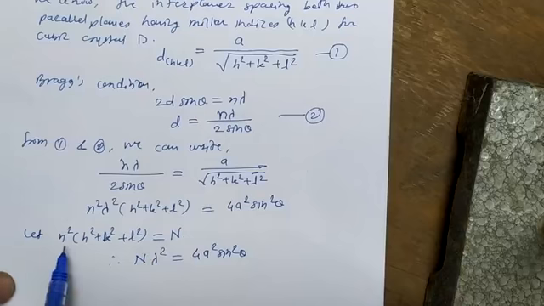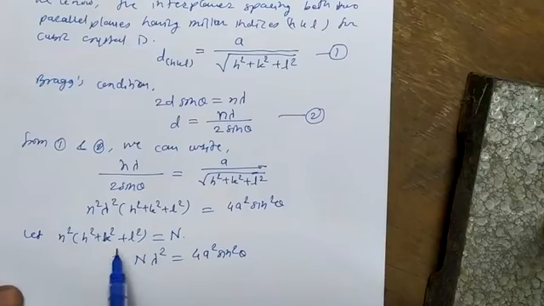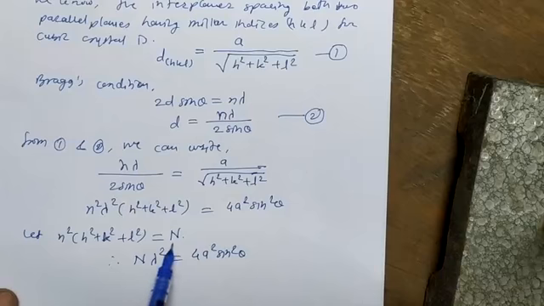Now in this we have used n square times h square plus k square plus l square. n is the integer which represents the order, h k l are also integers, h k l for the lattice are 1 0 1, 1 1 2 and so on. Therefore this represents a number. We have taken that number as N. Therefore we get N lambda square equal to 4a square sin square theta.